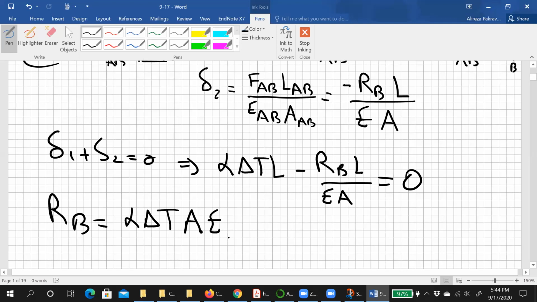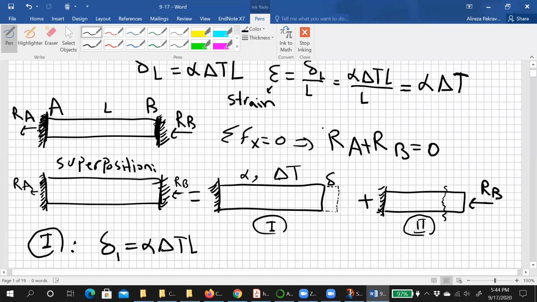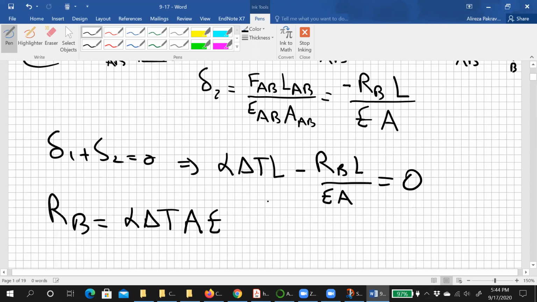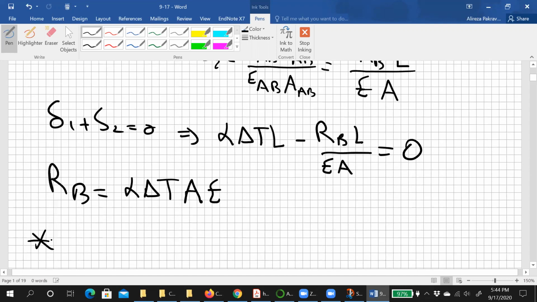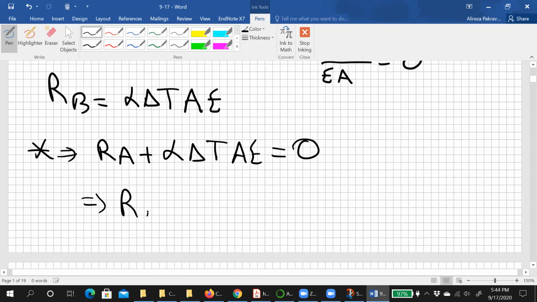How can we find RA? From this equation, we can find RA. And RA is the negative alpha delta T A E. So it looks like this.